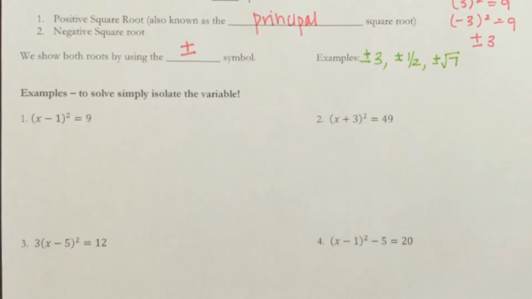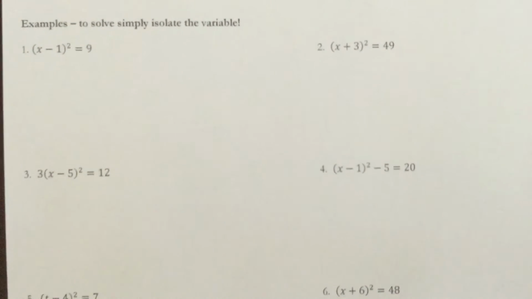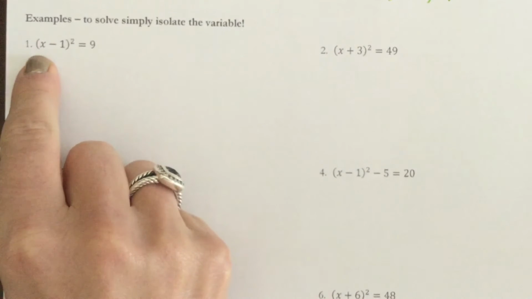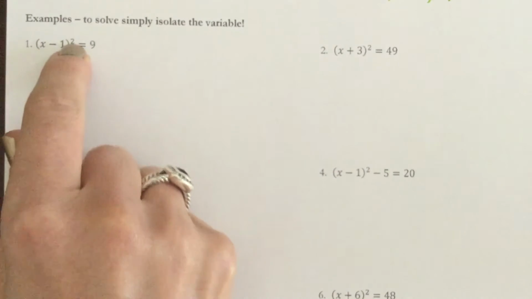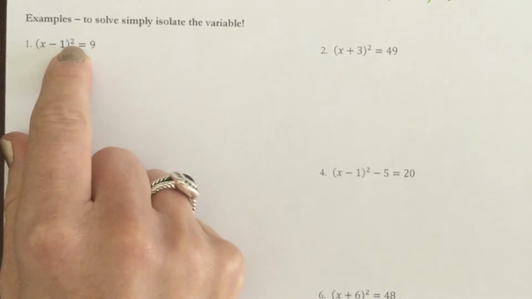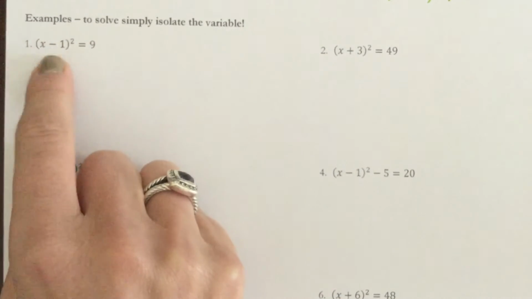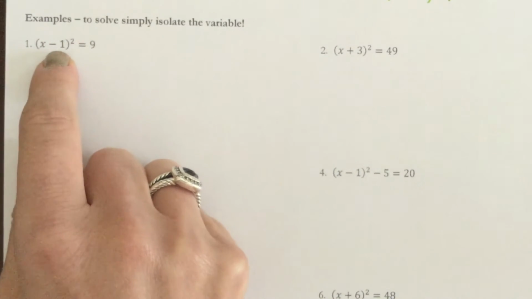In order to solve, we simply need to isolate our variable. What we should notice is different about these problems today is that our variable is inside of the parentheses. This x is locked inside of the parentheses because of the square on the outside. So we're going to isolate this squared term. We see that this is the only thing on this side of the equation.